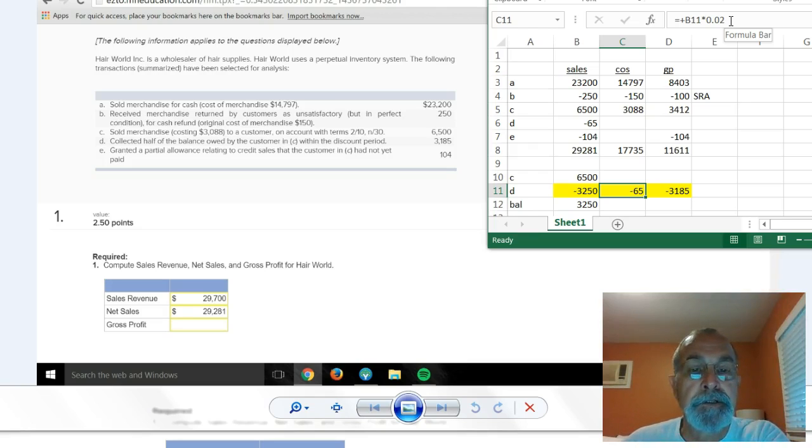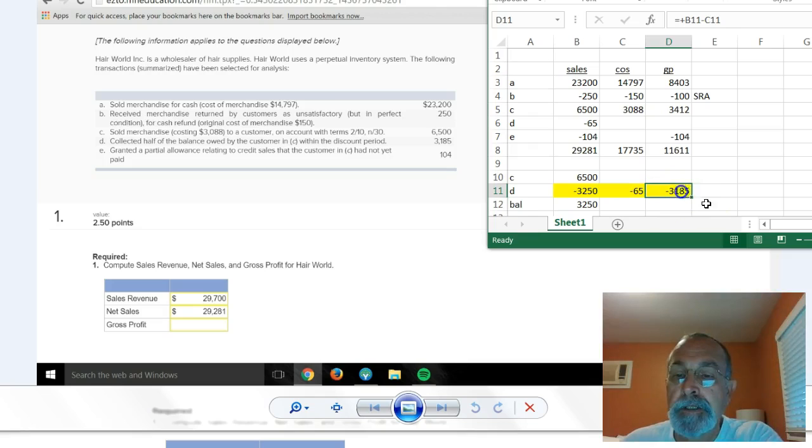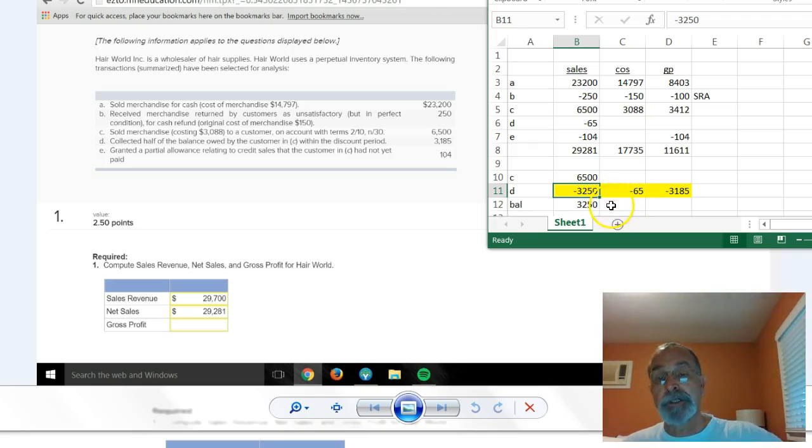And of course, this assumes that the payment was received within the discount period, and it does say within the discount period, so that's going to be a $65 cash discount on this payment by the customer. And so the amount of cash we'll receive is $3,185. The amount of the discount that the customer gets is $65, and so we credit that customer's account for $3,250.